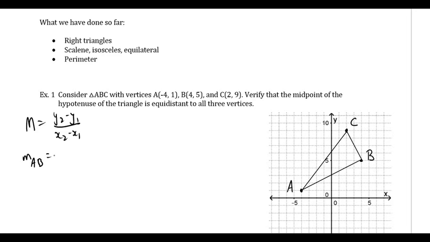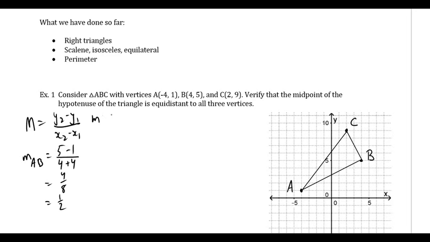So slope of AB is 5 minus 1 over 4 minus negative 4, so plus 4, which is 4 over 8, so positive 1/2. Look at my diagram and ask myself, is it positive 1/2? Over 2 up 1, over 2 up 1. It is. Use your diagram to confirm your answer.